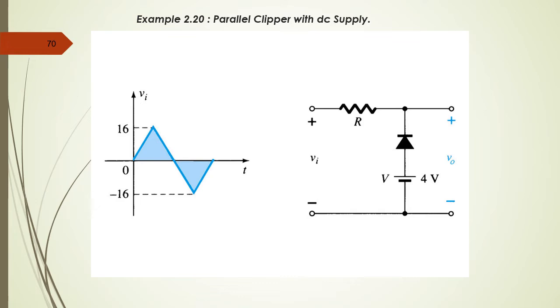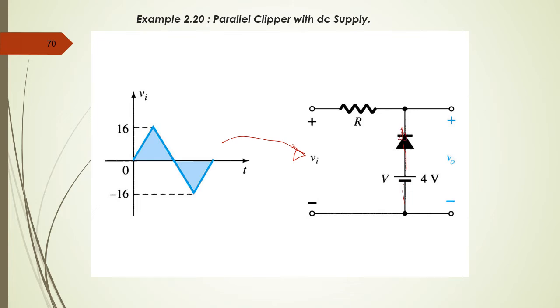For example, if we have this triangular wave, the maximum value is 16 volt and the minimum value is minus 16 volt. This is the input voltage here. The direction of the diode is here, pointing upwards.